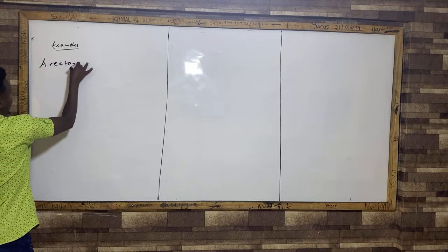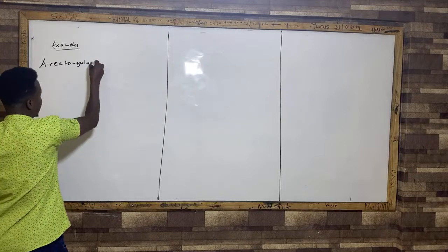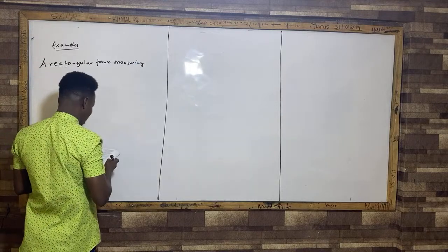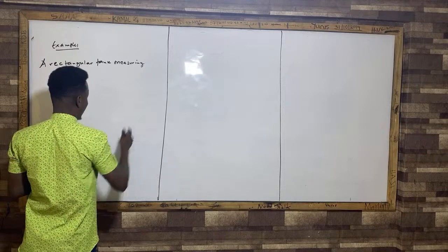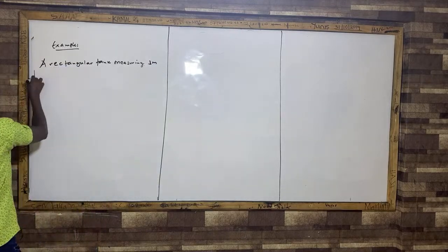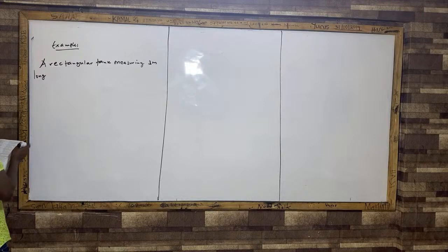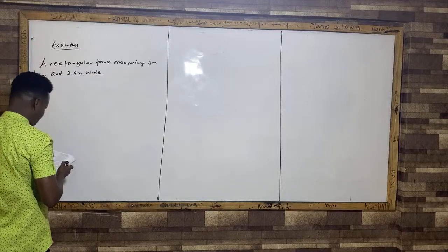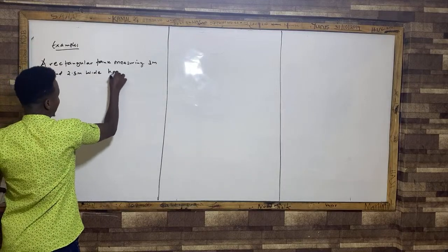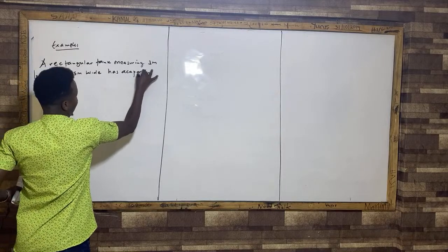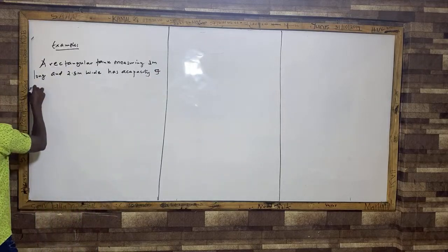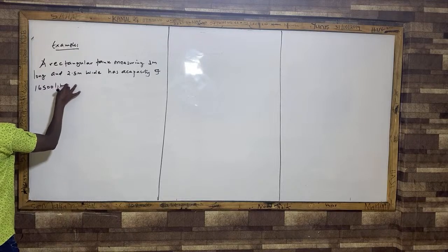Now let's see the tank. A rectangular tank measuring 3 meters long and 2.5 meters wide has a capacity of 16,500 liters.